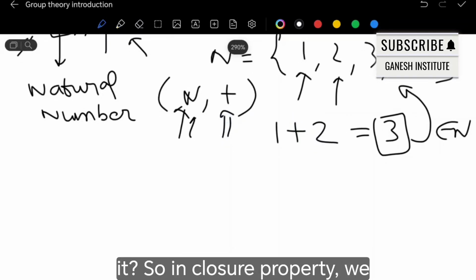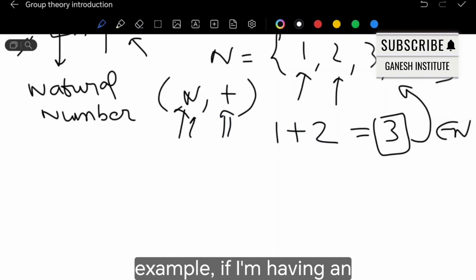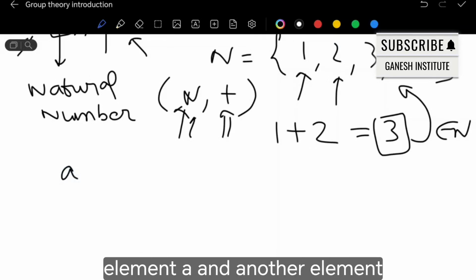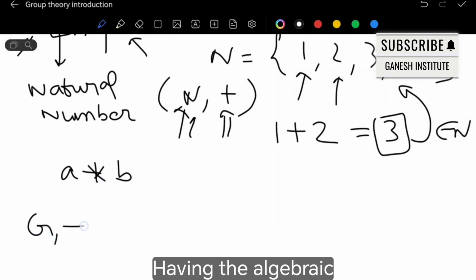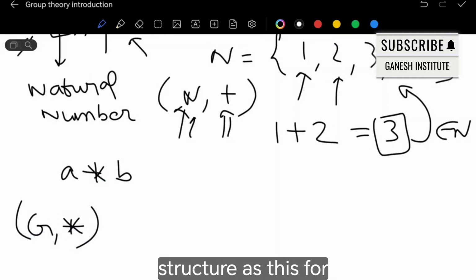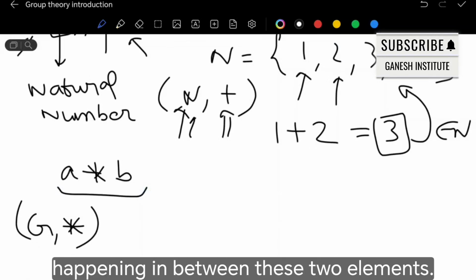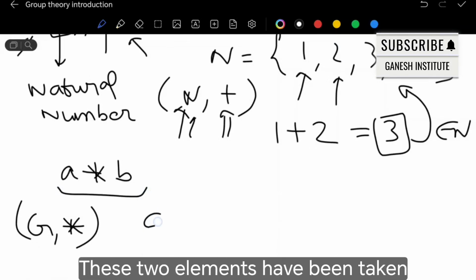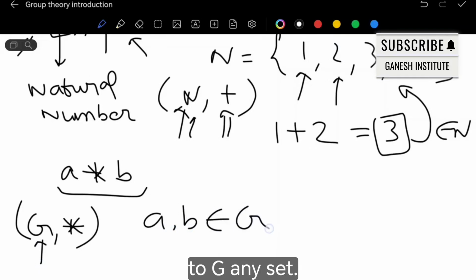So in closure property, we have the elements. For example, if I'm having an element A and another element B, and I'm having the algebraic structure as this, for example. So if there is an operation happening between these two elements, and these two elements have been taken from this set, that is, they belong to G, any set, okay?